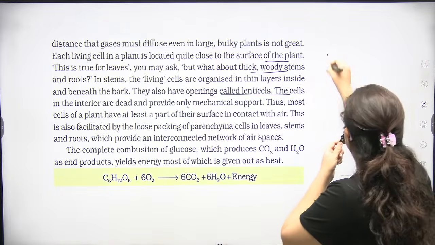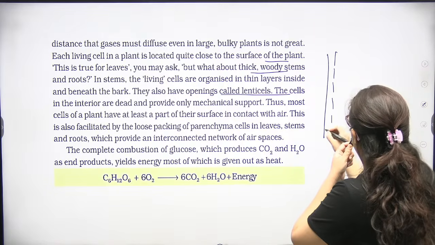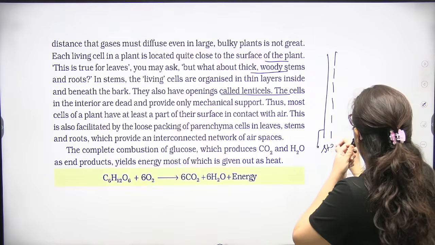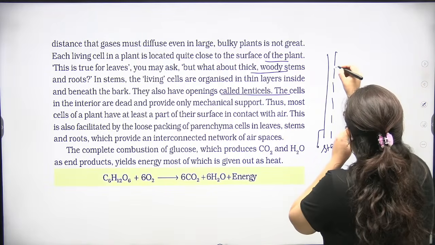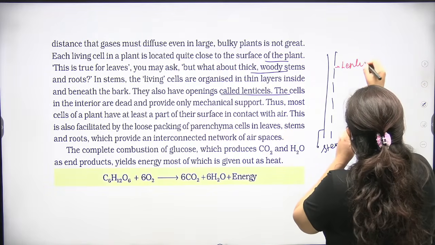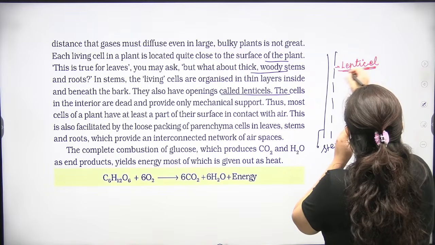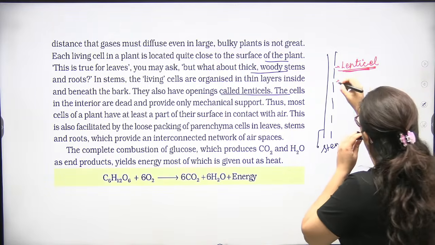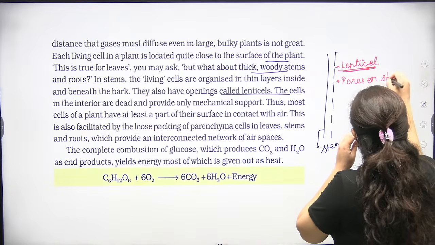In stems, pores are present for gaseous exchange. This is the stem part of the plant. Lenticel. Okay. Lenticel, pores on the stem.